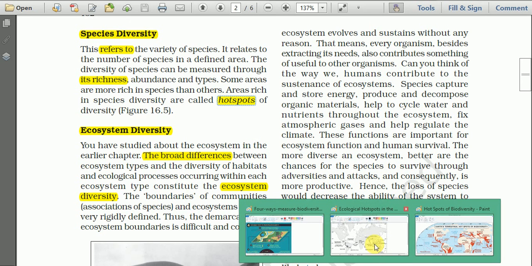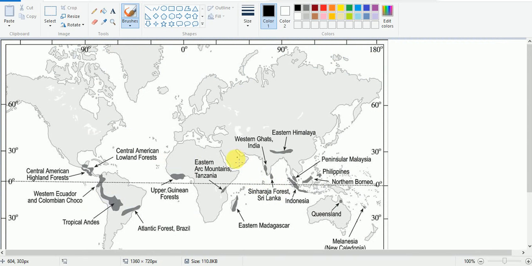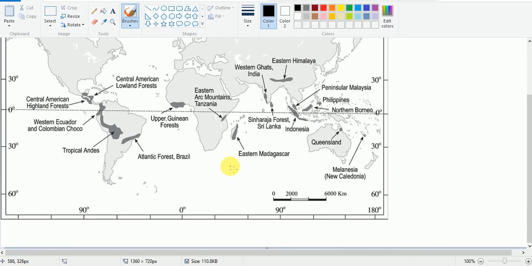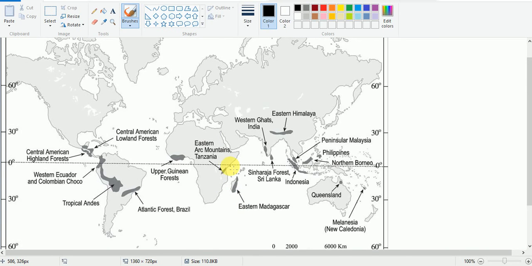So here we have figure number 16.5, and this map shows the ecological hotspots of the world. For example, here we have the Eastern Himalaya, then Western Ghats.